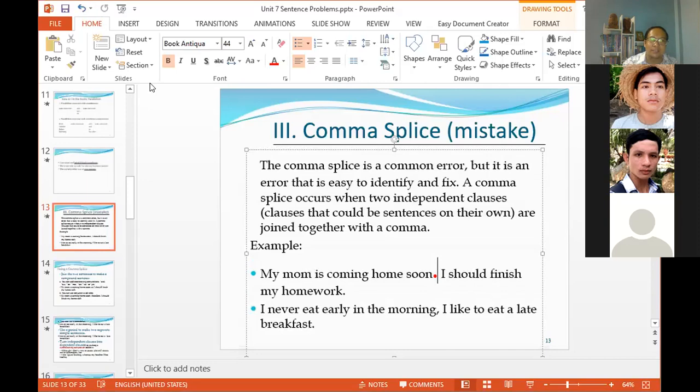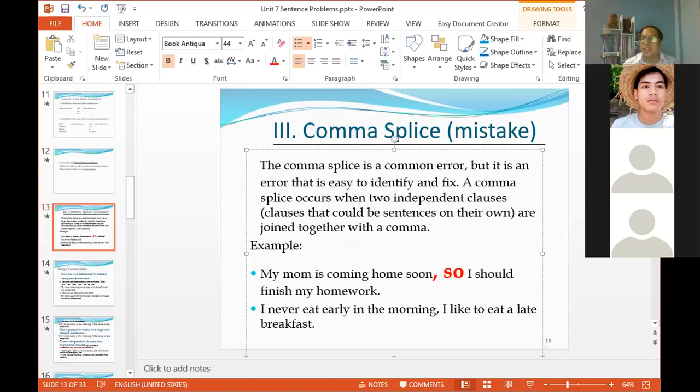Comma plus so. Yeah. So, my mom is coming home, so I should finish my homework. So you can use a FANBOYS conjunction, right, to make a compound sentence. Or you can use a conjunctive adverb, right? Semicolon. When you use a conjunctive adverb, what conjunctive adverb?